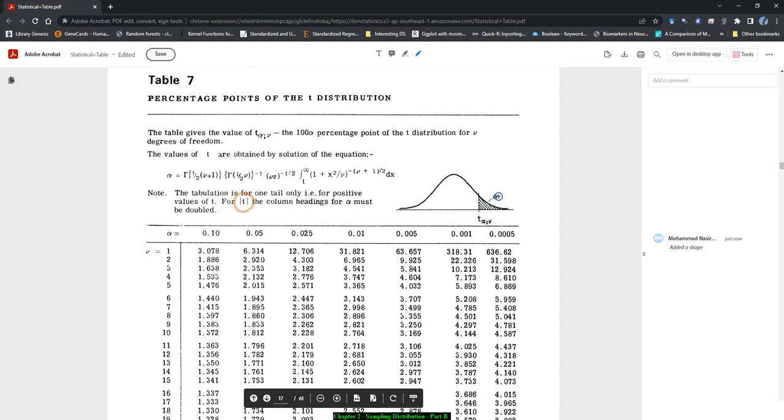So here this is alpha, and normally we want to find this value, right? But we already know this value is equal to 2, based on our example.